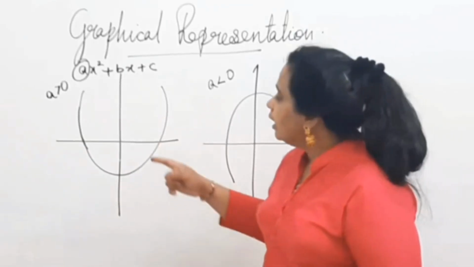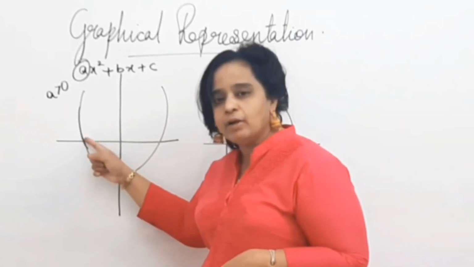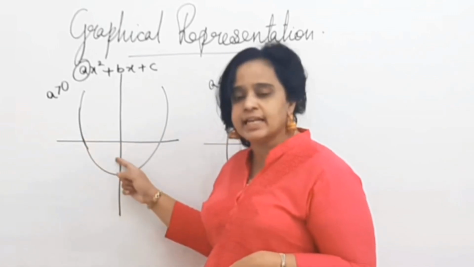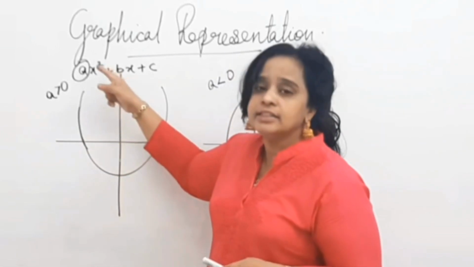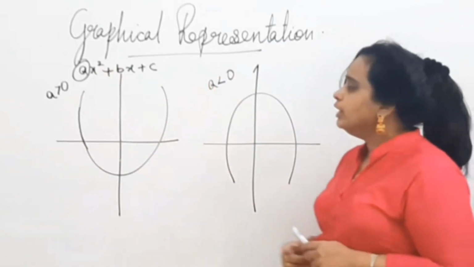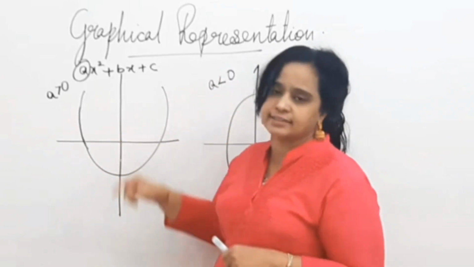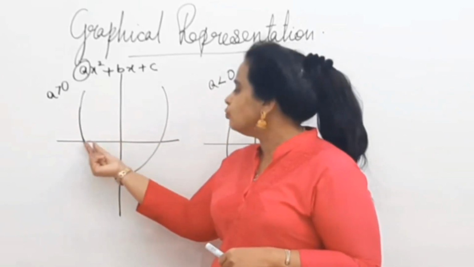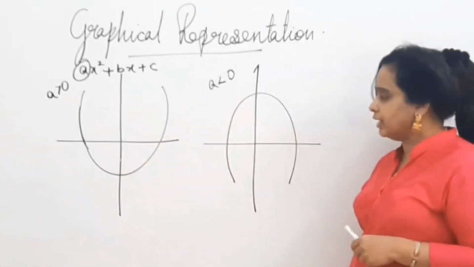Now, the points where the parabola touches the x-axis, those values will surely make this polynomial value equal to 0. So wherever the parabola touches the x-axis, those values will be the zeros of the parabola by graphical representation.